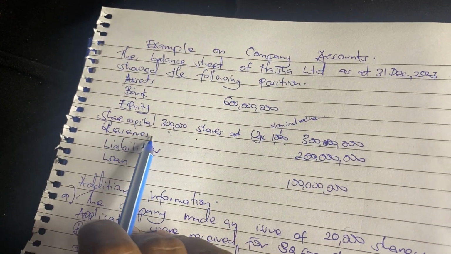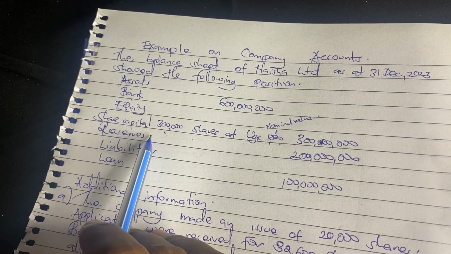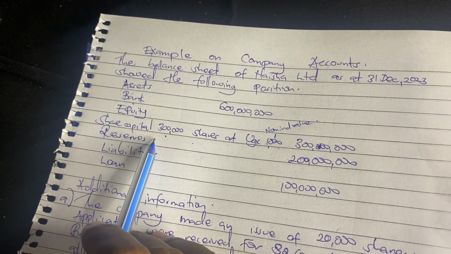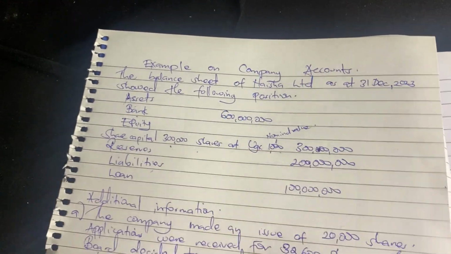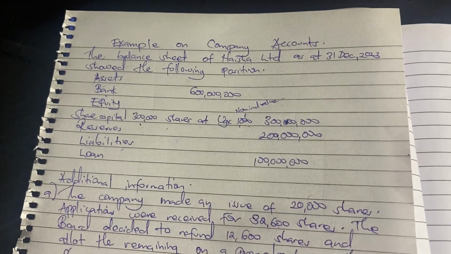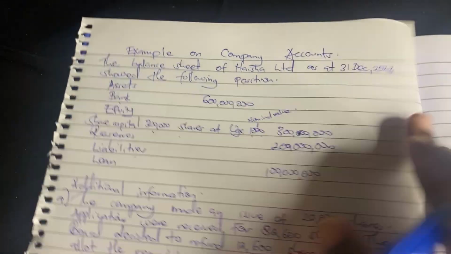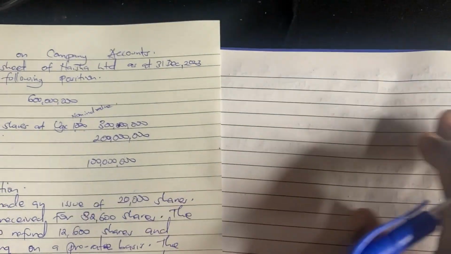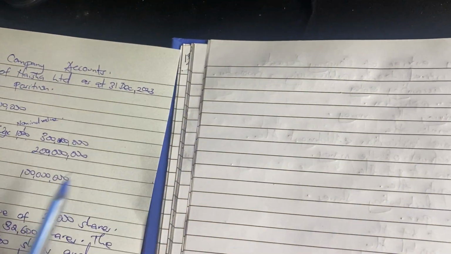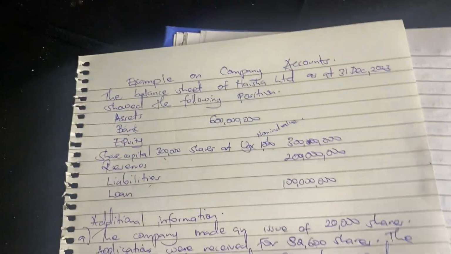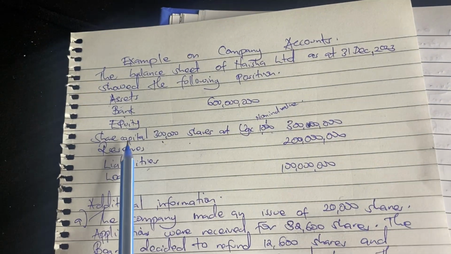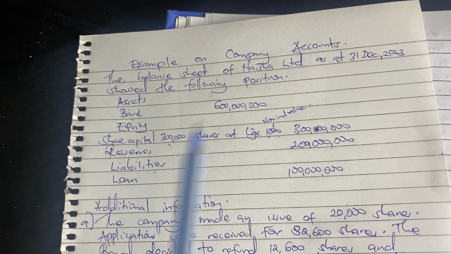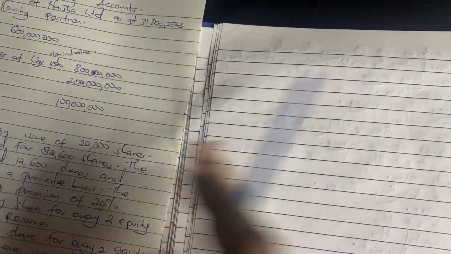Then under equity and liabilities, you take everything. So the first step that we are supposed to do is to prepare the accounts. So we start with the bank account, then share capital, reserves account, then the loan account.